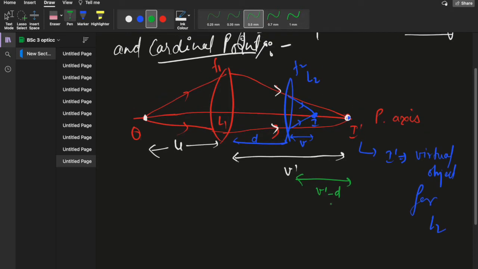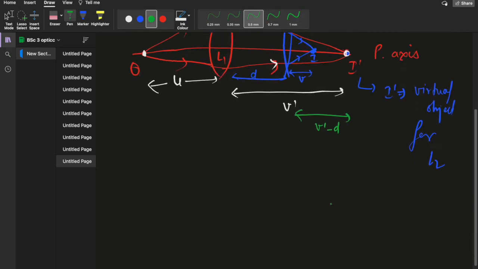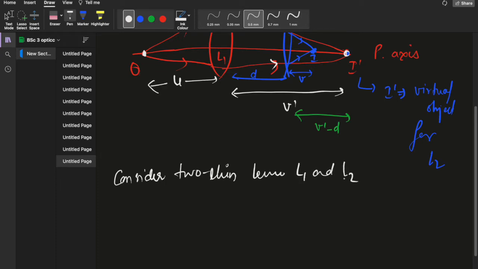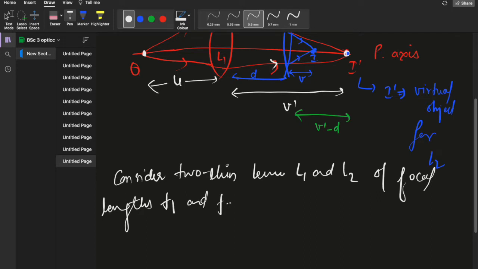So this is our ray diagram. Just we will write here: consider two thin lenses L1 and L2 of focal lengths F1 and F2 respectively.